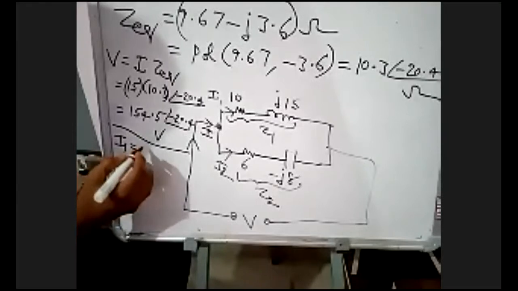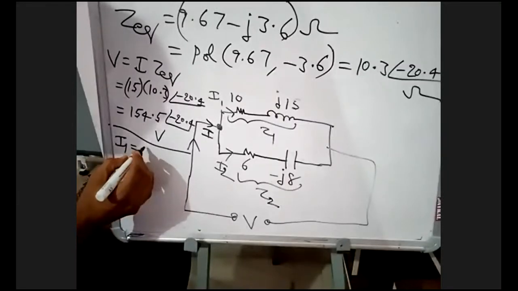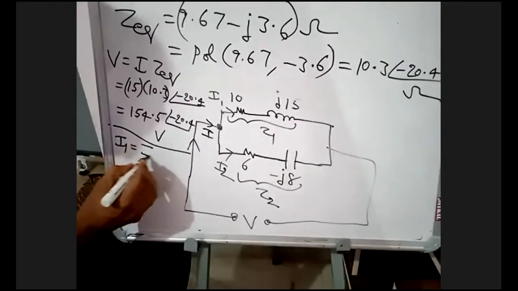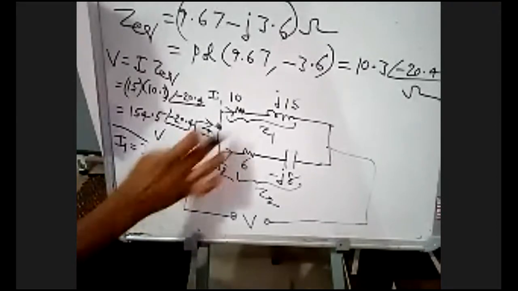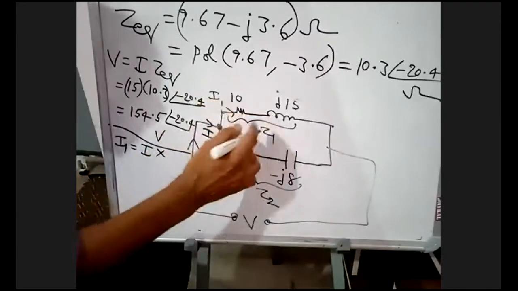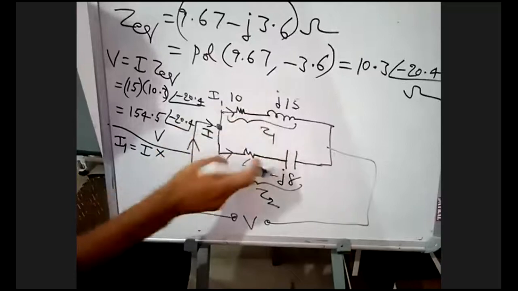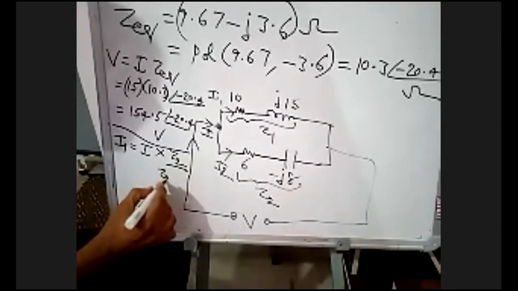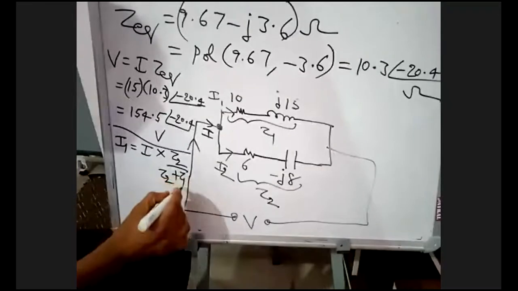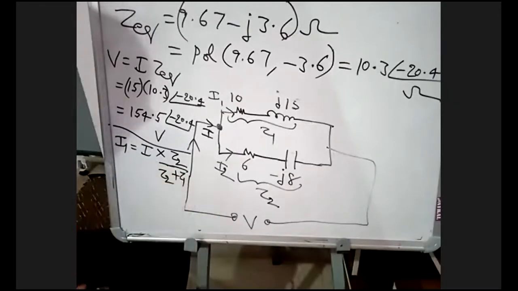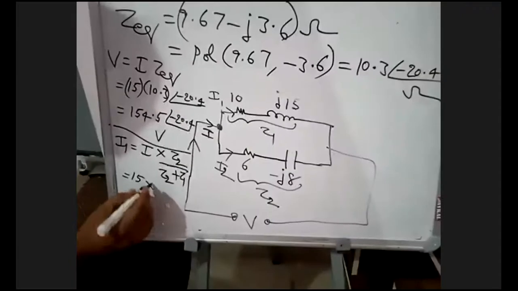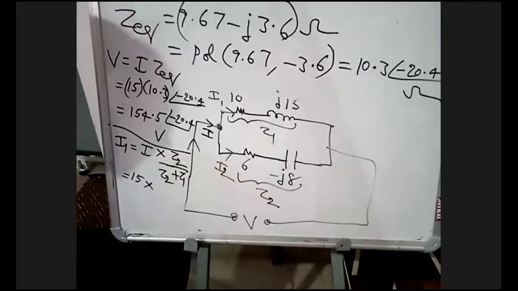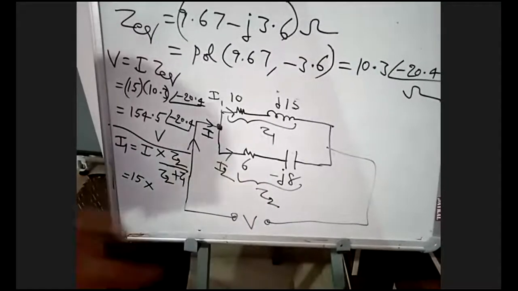what is the current divider? Opposite side current. I1 is the current flowing in Z1. What is the opposite branch for I1? Z2. So Z2 by the total impedance of the parallel circuit. To calculate I1, I is 15 into Z2. Before doing this, you do one thing.